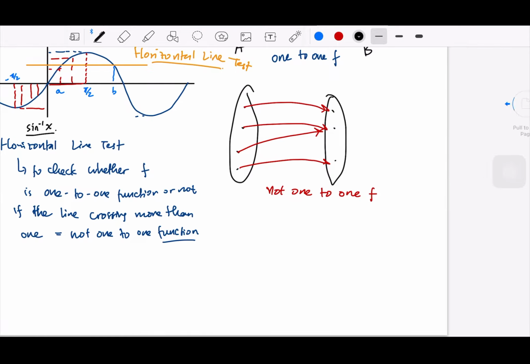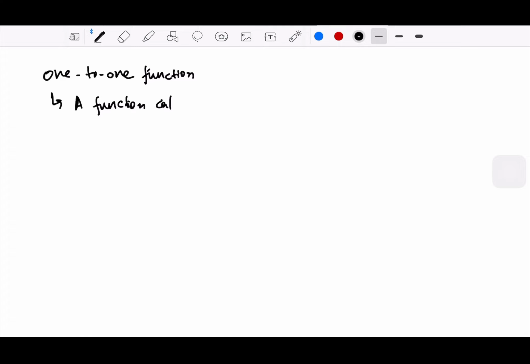Okay, let me write the official definition on a new page. So, a one-to-one function never takes the same value twice. I hope my writing can be read.